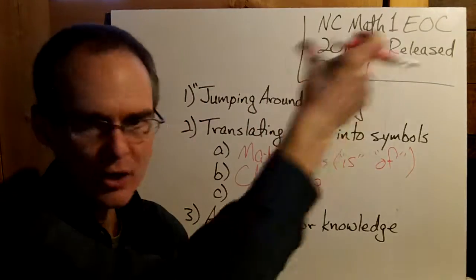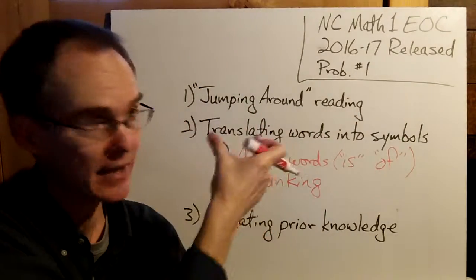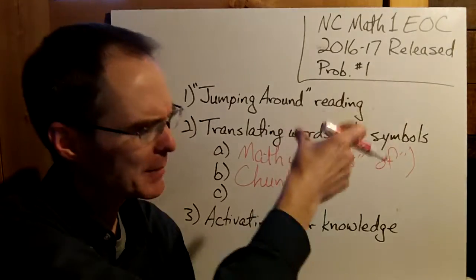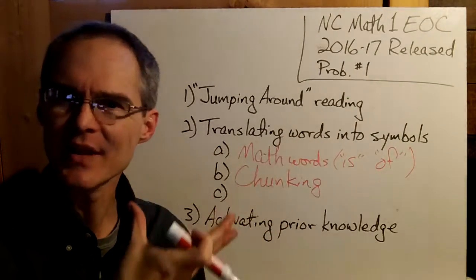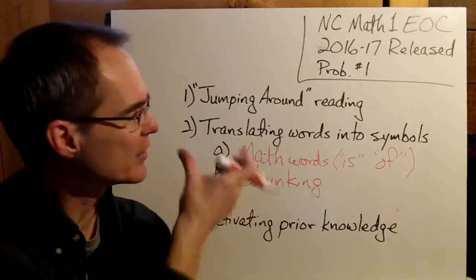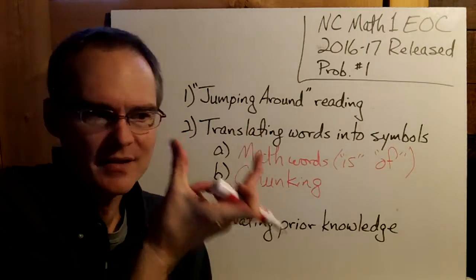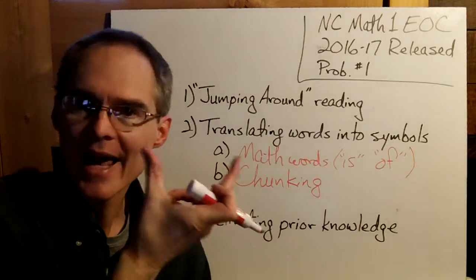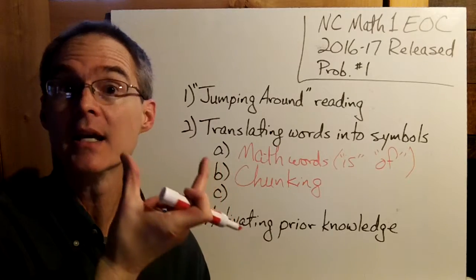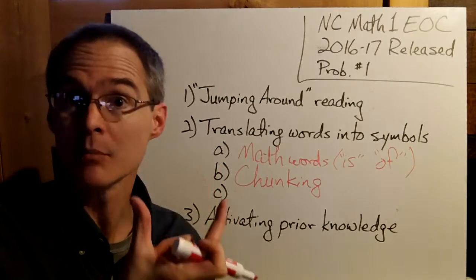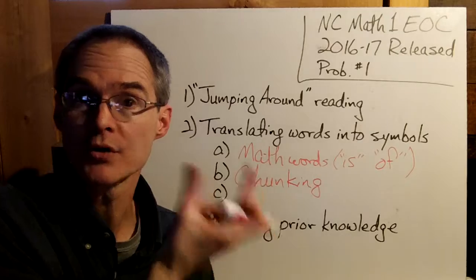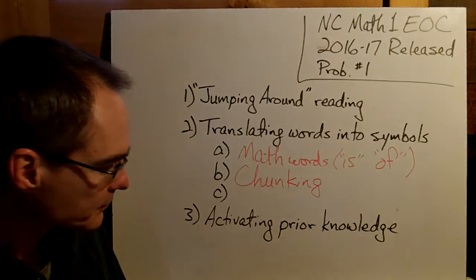The way I chunked it up, into maybe 4 or 5 different chunks, makes it easier to see, oh, this group of words goes together, and I can substitute a single mathematical symbol for this group of words. So that's called chunking.